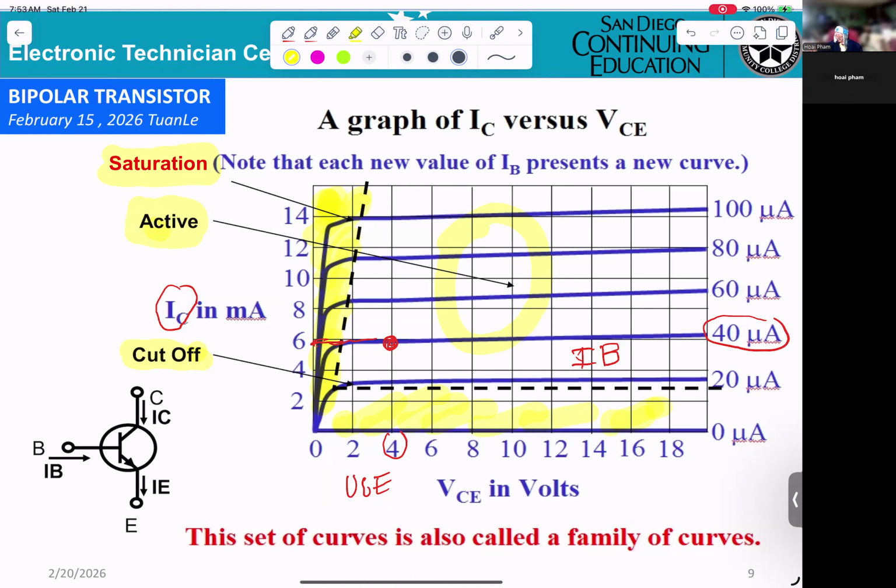This is used by engineers when they try to design the transistor. What does that mean? If I try to design a transistor, I can pick a point in here.